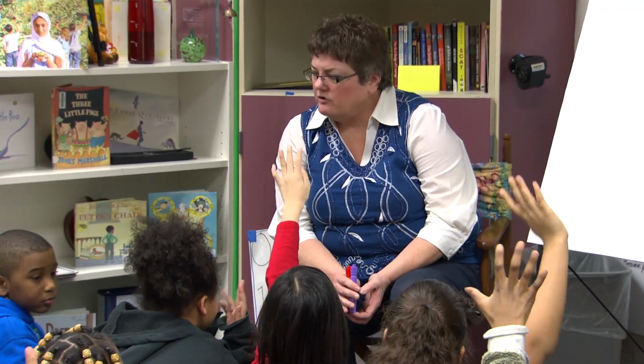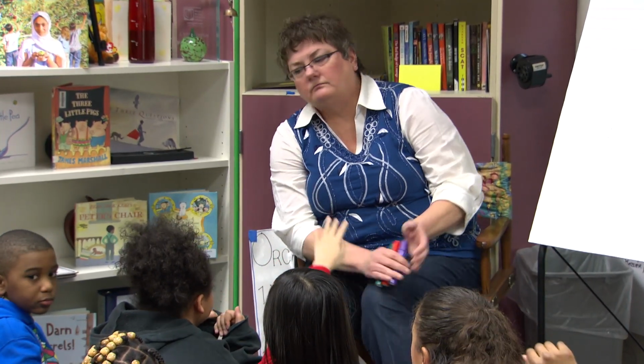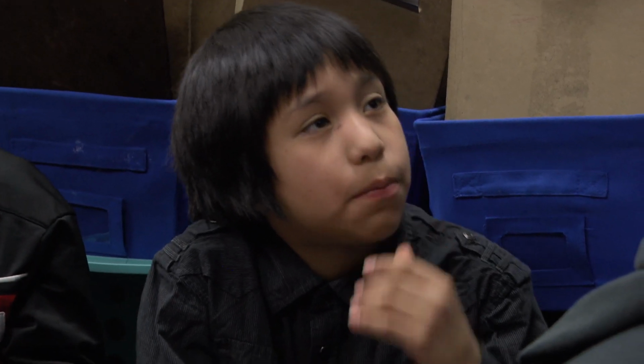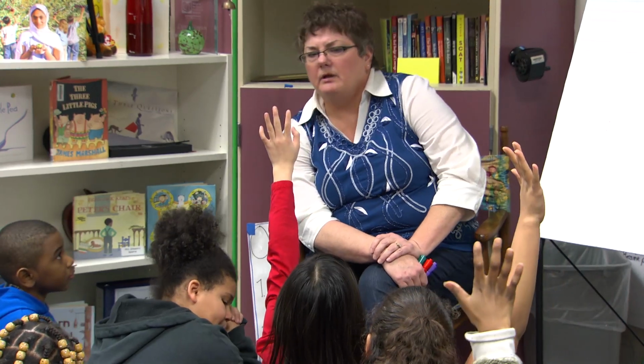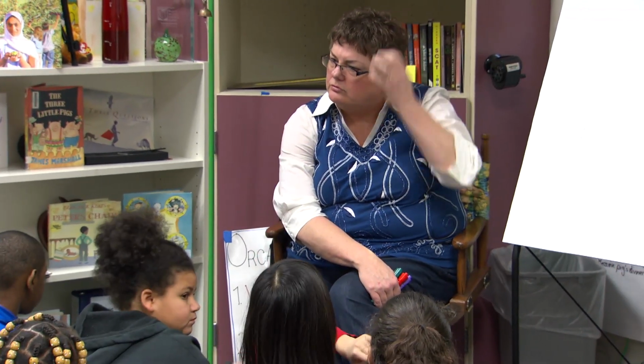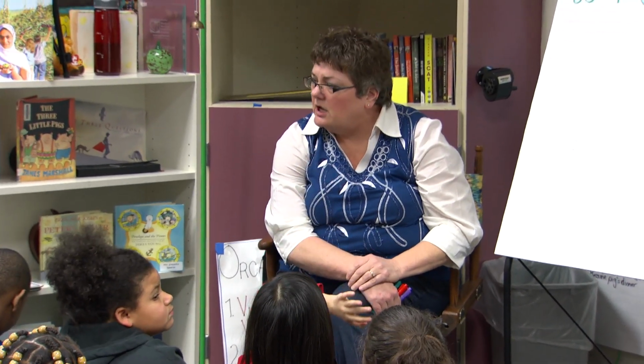Romy, what are you thinking? I think it was true because you add up the 2's, and 2 plus 2 is 4, so it'll be the same thing. Okay. Anybody else want to talk about true? Abdirsa? I think it's true because you divided the Skittles into 2 days.